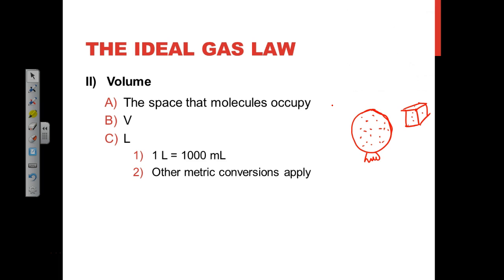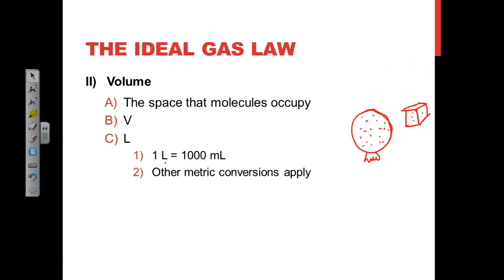Okay, and so it's just that space. In chemistry, we symbolize volume with a V, and I think most science disciplines do. And we always use the liter as the unit to measure volume. Maybe better to say that we use liters in order to do ideal gas law calculations.